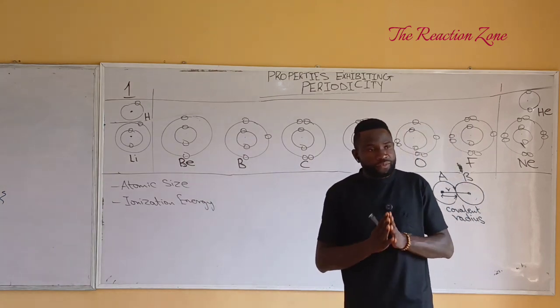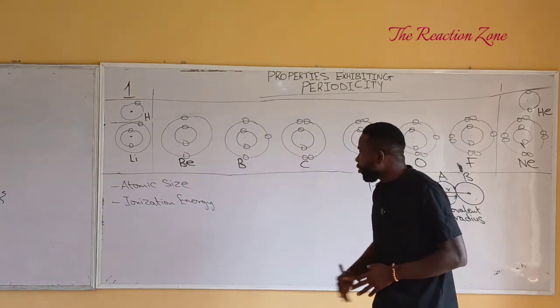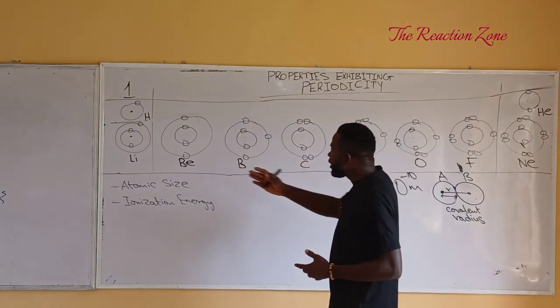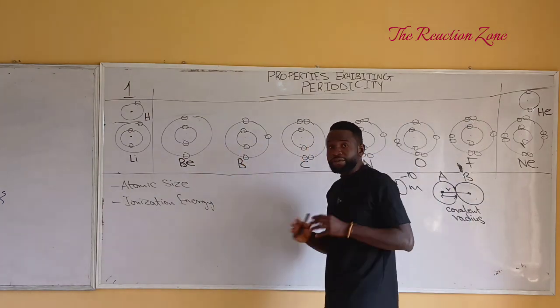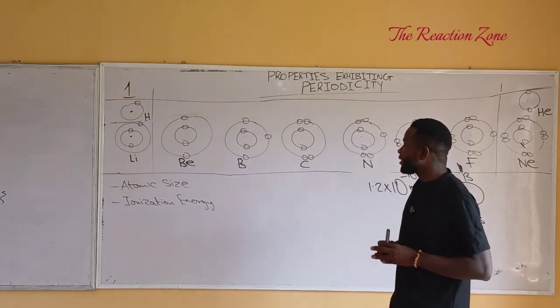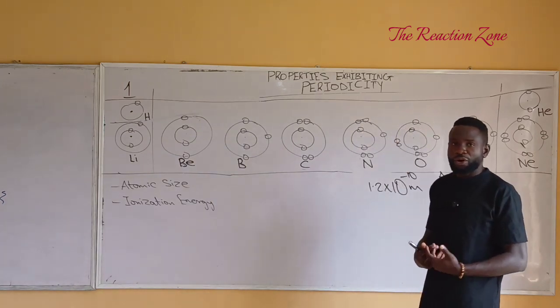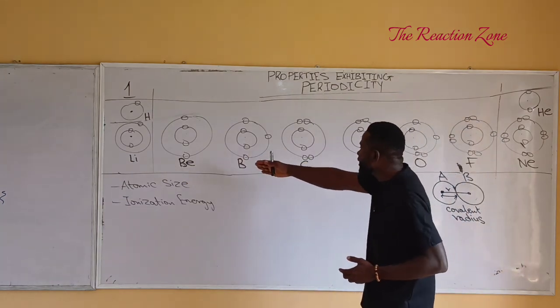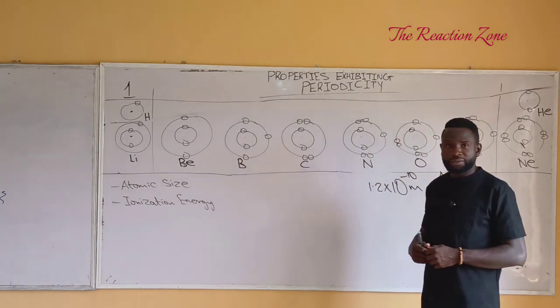One is because of the nuclear charge. As you move from left to right across the period, nuclear charge increases. What that means is that the force of attraction of the nucleus for the electrons increases as you move from left to right.